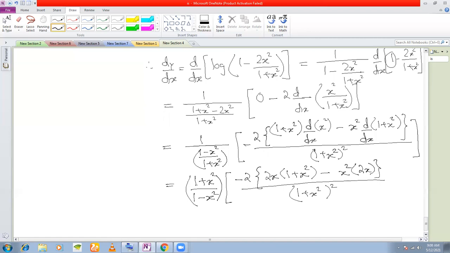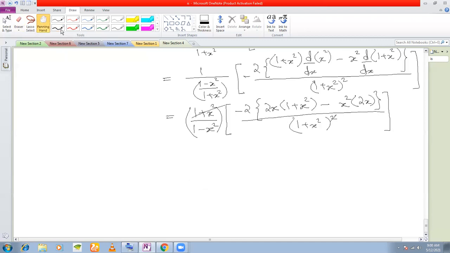Now what you see very easily here is that this 1 plus x square and this single 1 plus x square will cancel, right? Now we just simplify. So you get 1 by 1 minus x square into minus 2, and let me go step by step so that you can understand.